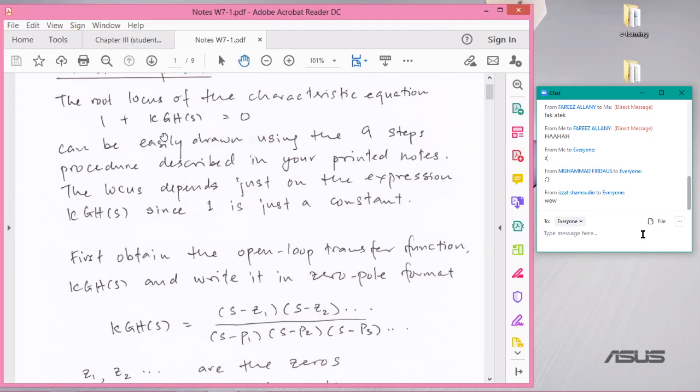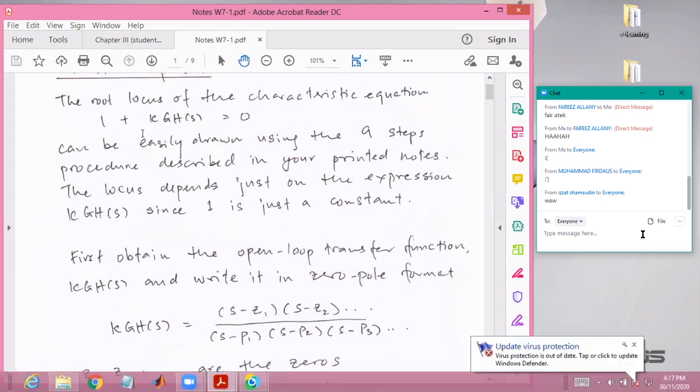See, 1 plus KGH is the characteristic equation of the closed loop system. We are just using the open loop transfer function to help us draw the root locus diagram of the closed loop system. See, there's a confusion there already.